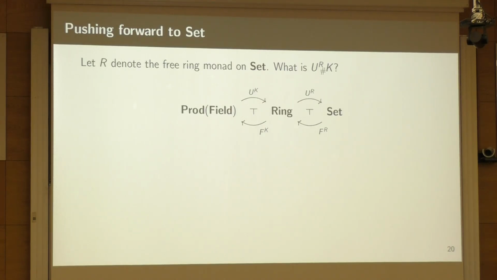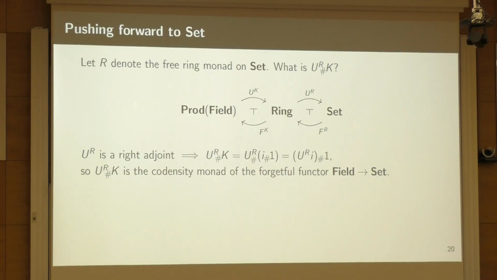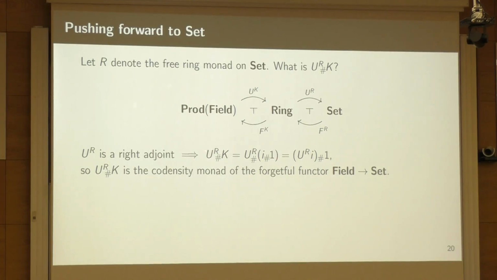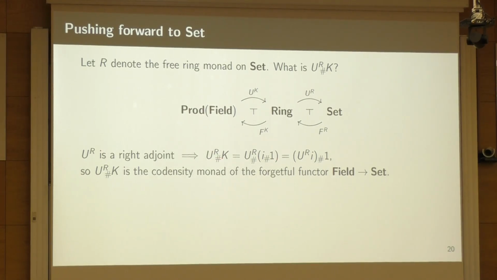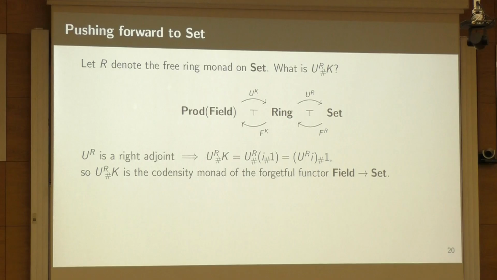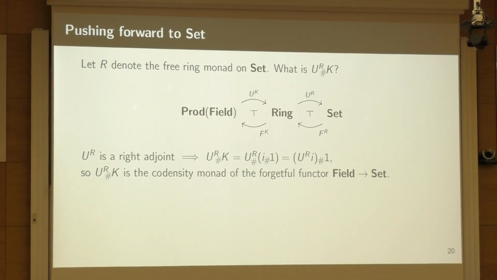But we don't need to stop there, because we have it monadic over ring. Let's do it over set as well. And so what we'll be looking at will be this monad induced by this composite adjunction, which is, because you are a right adjoint, you can show that the pushforward of k is actually going to just give you the codensity monad of the forgetful functor from field to set.